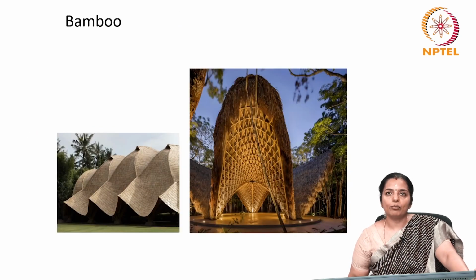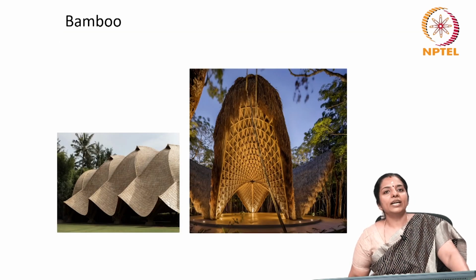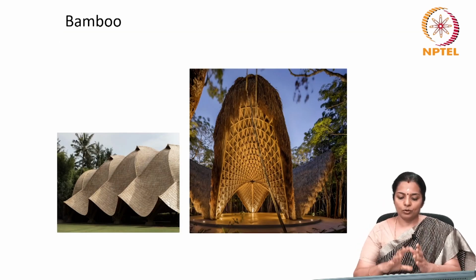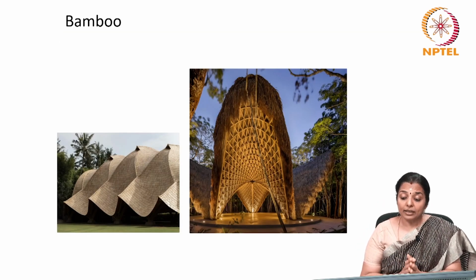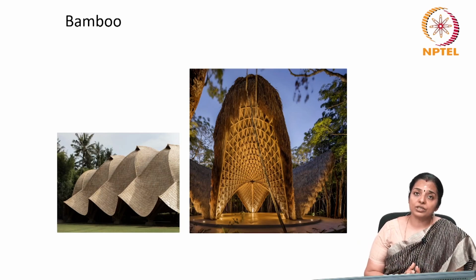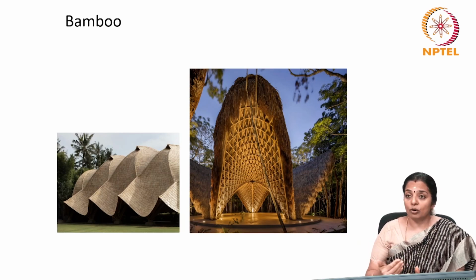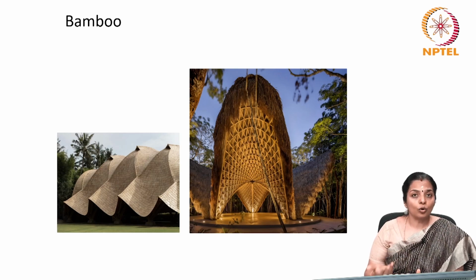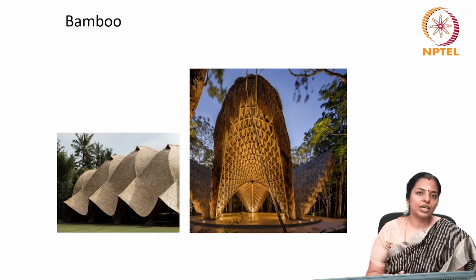Let us look at bamboo. Bamboo is predominantly assumed to be used as a hut, but the versatility of bamboo is so much that you can use it for a short span, long span, for a low ceiling, extremely high ceiling building material. It is up to human ingenuity to use these materials.